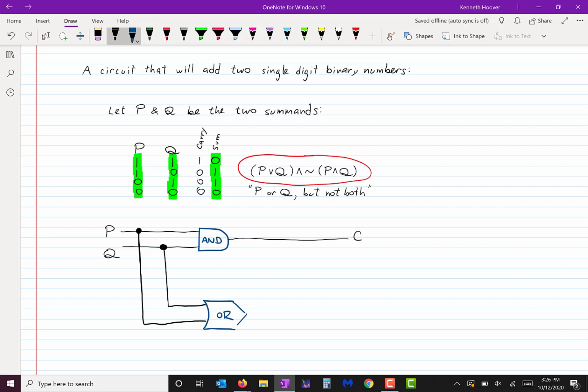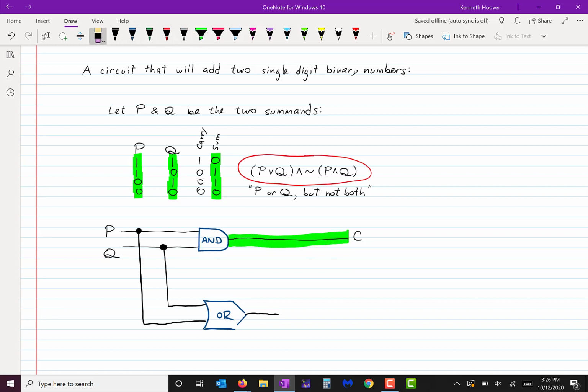And what comes out of that is P or Q. Now I want to do that and not P and Q. Well, I already have P and Q right here.